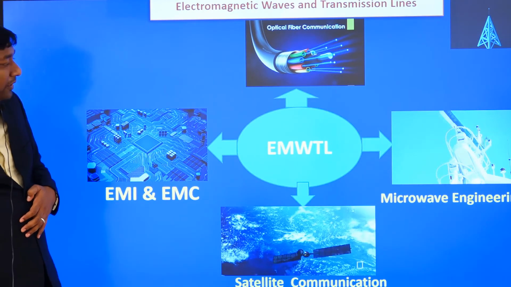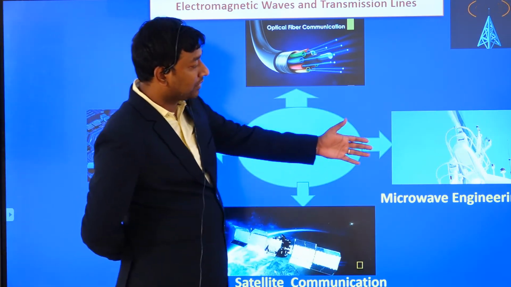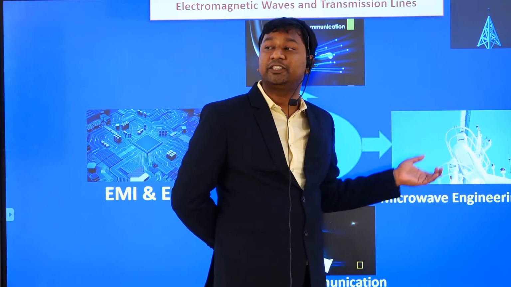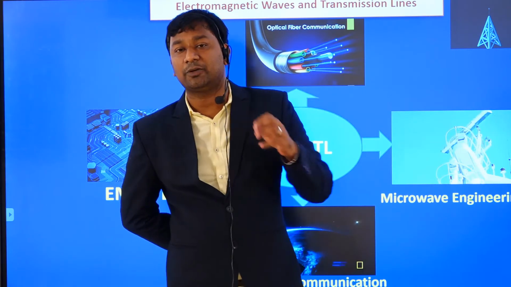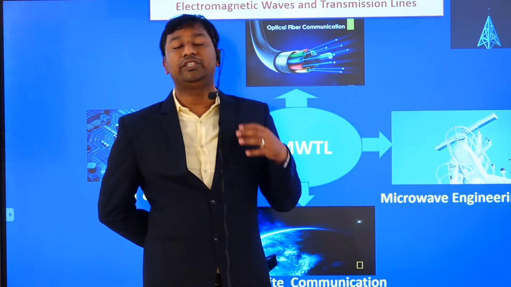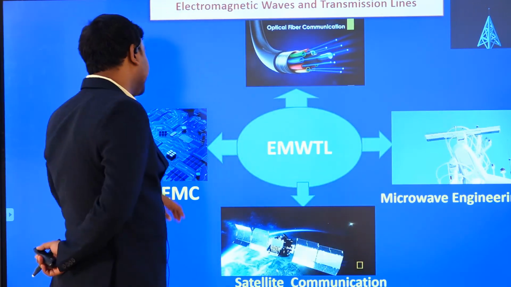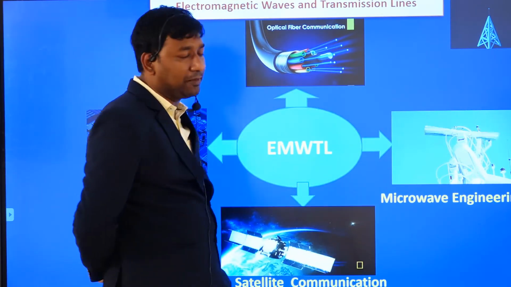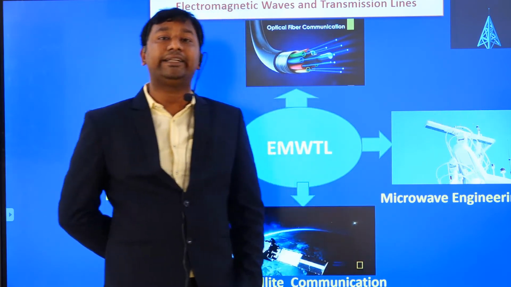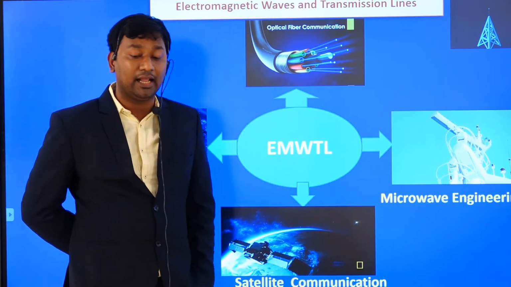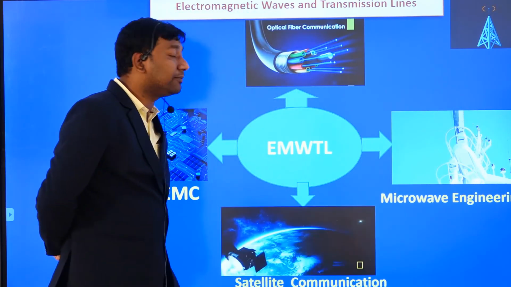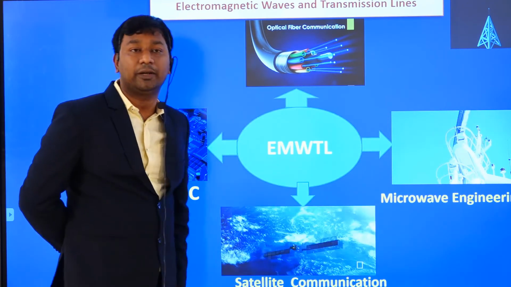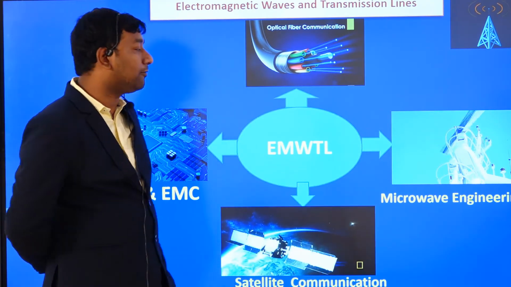In microwave engineering, we use signals for transmitting information from one point to another point. Whatever signal we are transmitting is called an electromagnetic wave, which carries some information from one point to another. Then optical fiber communication: fiber optics consists of light, and light is part of the electromagnetic spectrum. So EMWTL, electromagnetic wave and transmission line, is the basis of optical fiber communication.